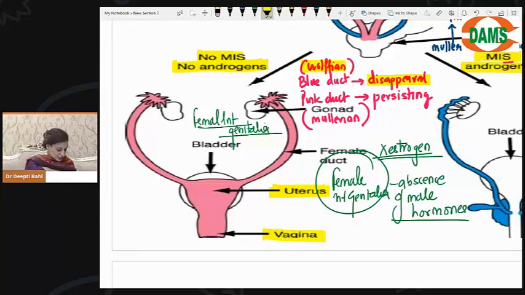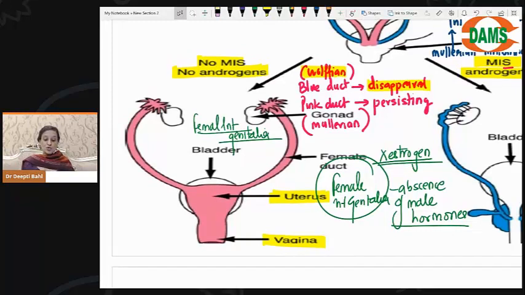Can you all appreciate this? So there were two Mullerian ducts, but only one uterus, one cervix, and one vagina. This is normal development. So how will this happen? This will happen when the two ducts fuse. Okay? So the two ducts will fuse eventually to form the internal genitalia for the female.